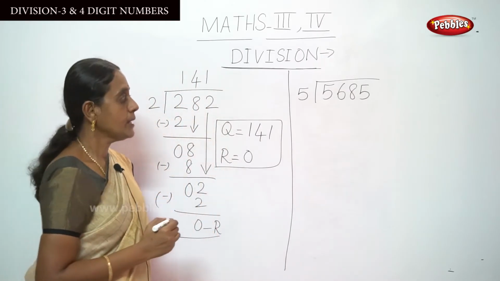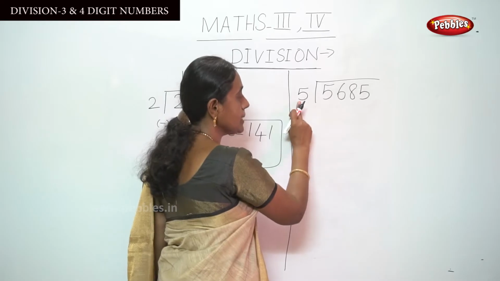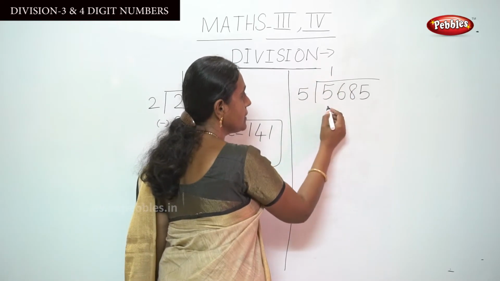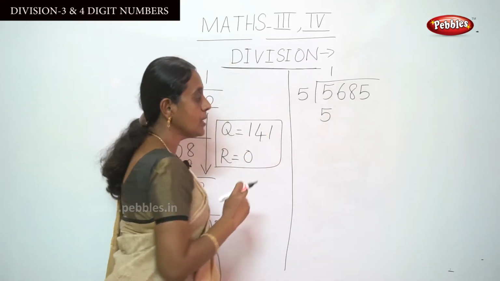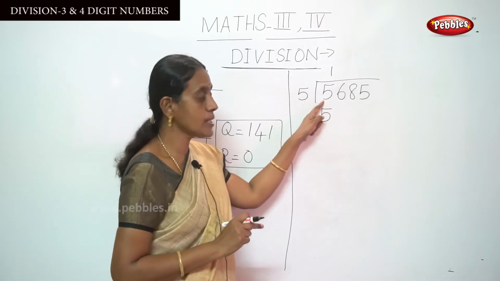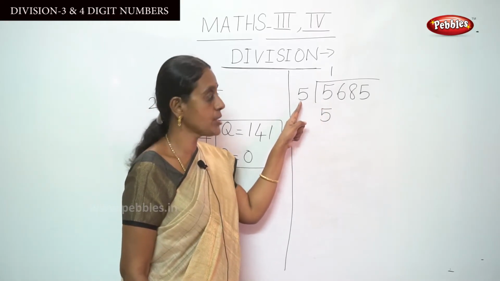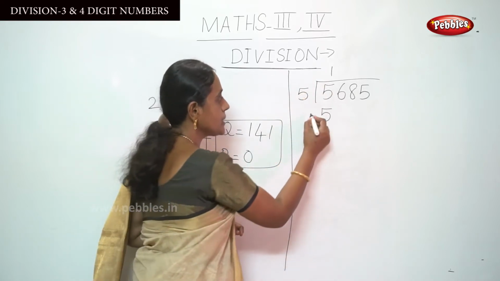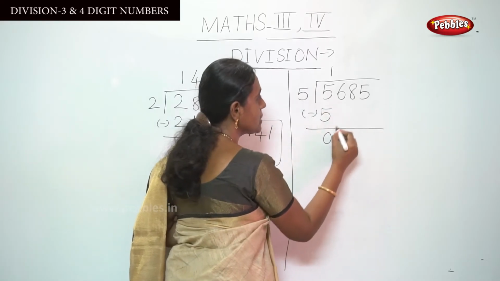Let me consider the first digit and say the 5 table, 1 5 is 5, and this is the dividend and this is the divisor. You should first take the first digit and say the 5 table, the multiplication table. 1 5 is 5. Put the subtraction sign here, 5 minus 5, 0.